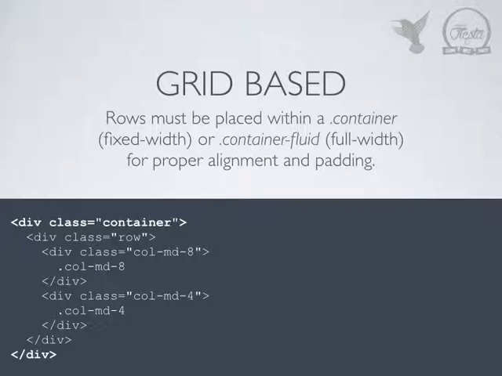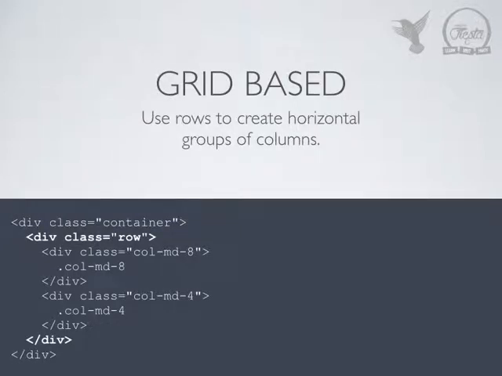So it's going to take all the space available from left to right, and separate this space into 12 equal columns. The next thing which is important in grids is related to the Bootstrap library. You may find other grid frameworks out there which probably work a bit differently, but I do like how Bootstrap works. So the next thing that you need to create is a row.